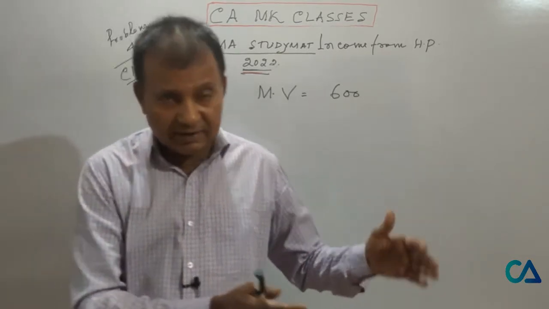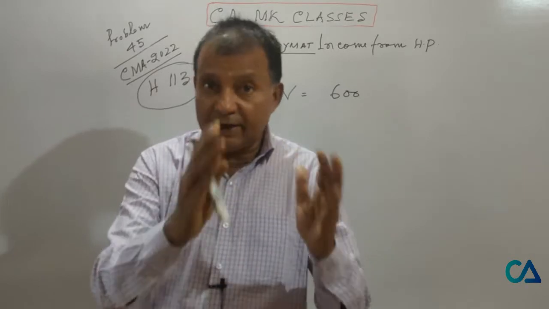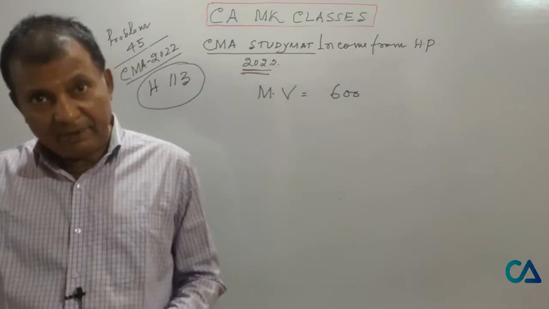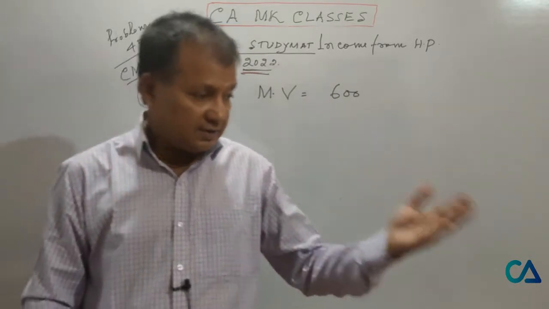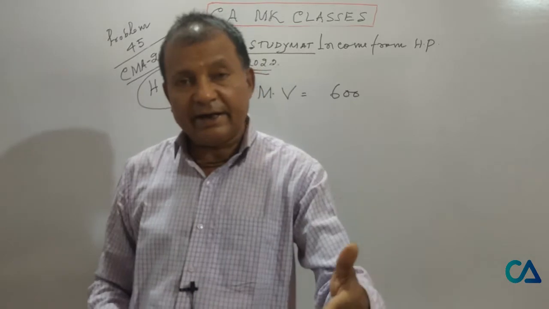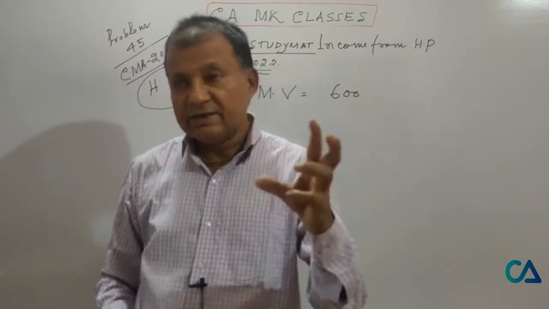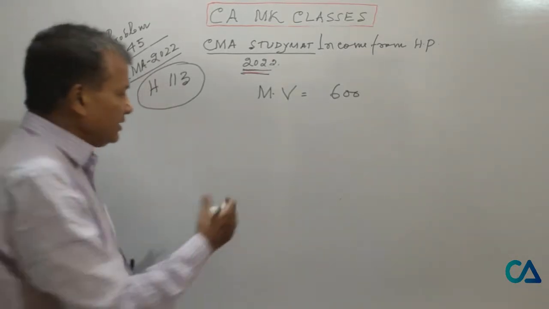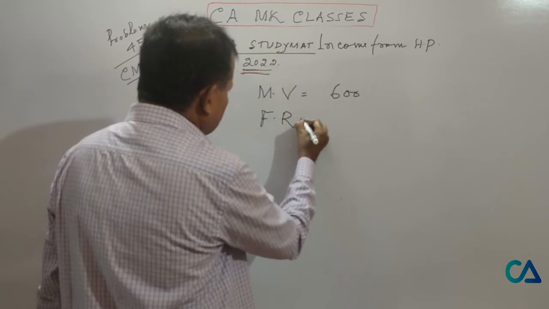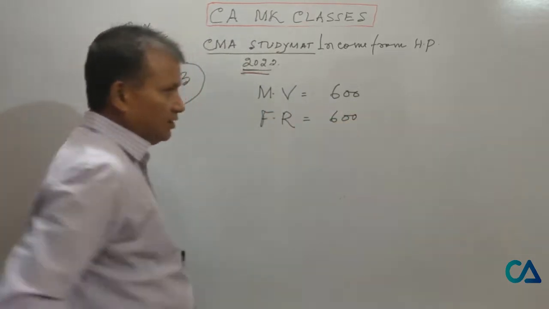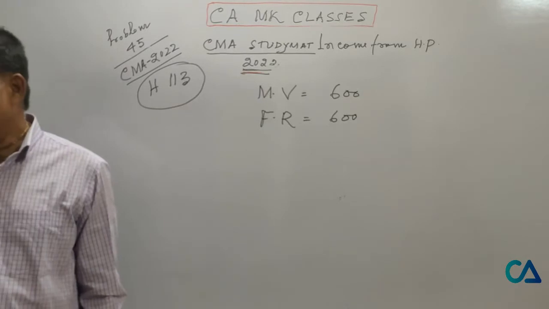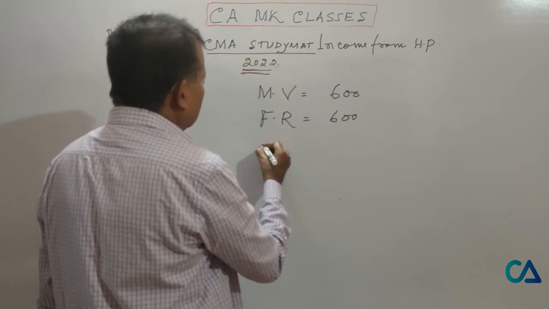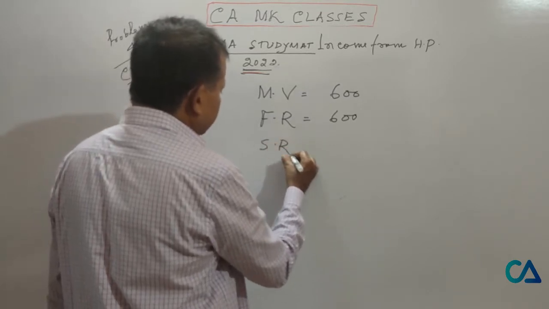That means this house will have a rent of X only. If the neighbouring house with the same facility gets this much rent, then this house's fair rent and market rent is also this much. This is rent of similar property in the same locality, that is fair rent. Only a language change is here, nothing else. And rent determined by the Rent Control Act, this is your standard rent.